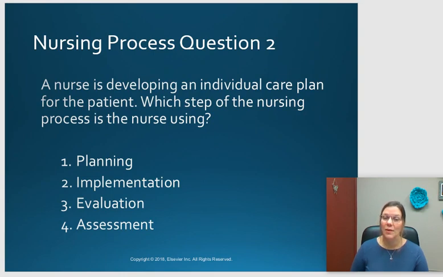So this is a positive question, and they're looking for us to determine at which step of the nursing process is the nurse developing a plan. So I'm going to say answer number 1, planning, for this one. And if you chose number 1 as well, good job. You should congratulate yourself for getting that correct.